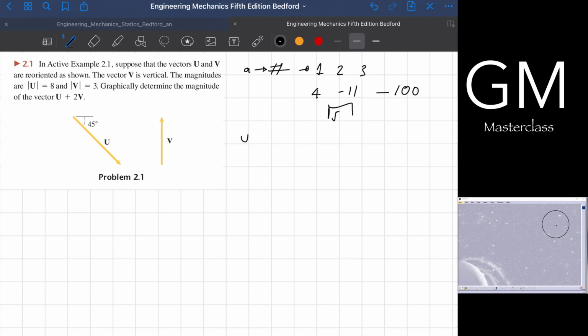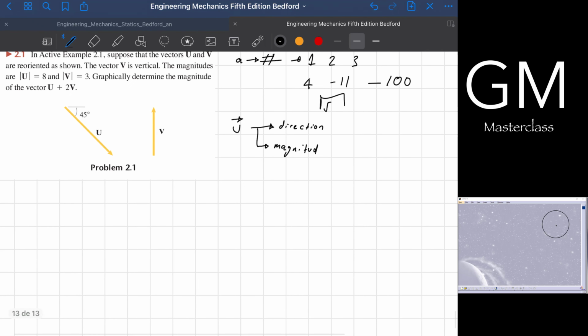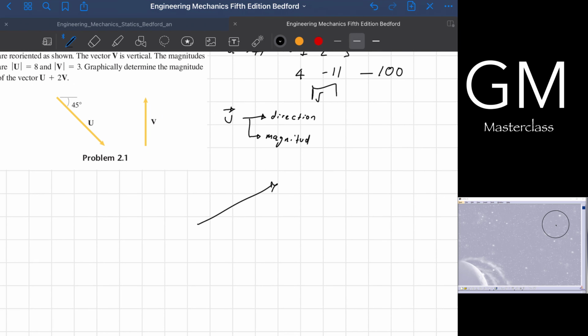And we have a vector that in this case I'm going to call u. The first and principal two characteristics of that vector are that it has a direction and a magnitude. How do I know the direction? By using an arrow. This is a vector, this is a vector, whatever.